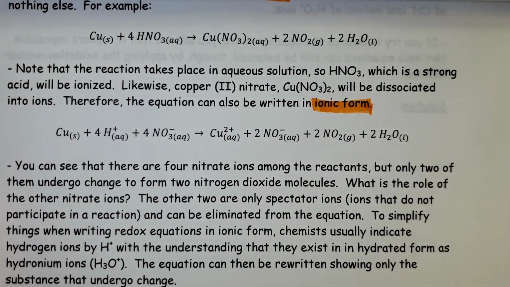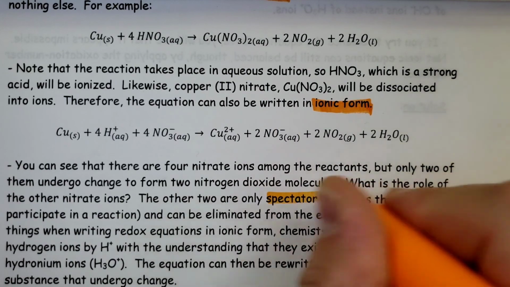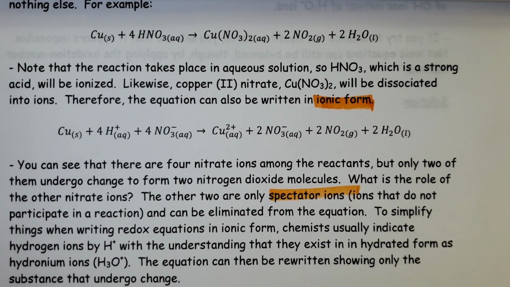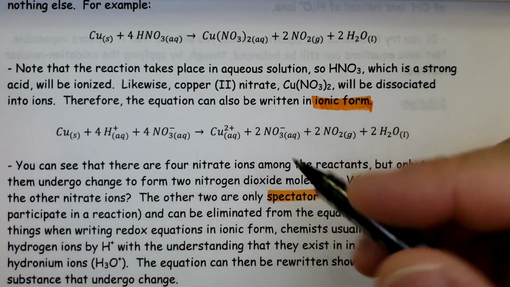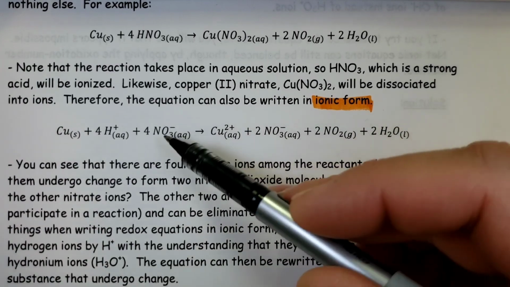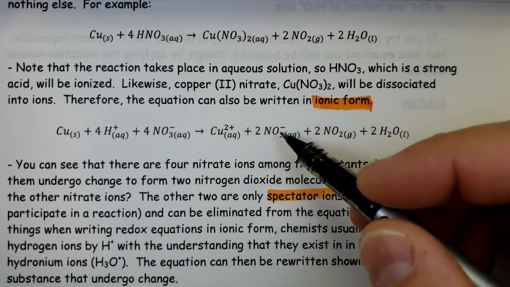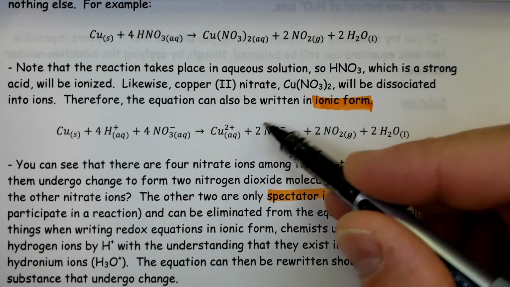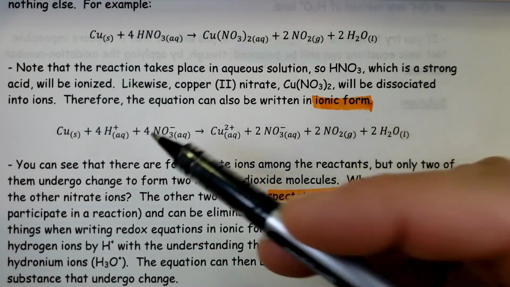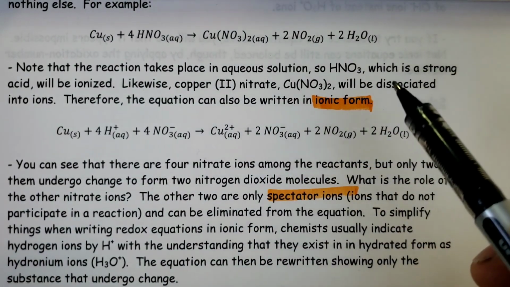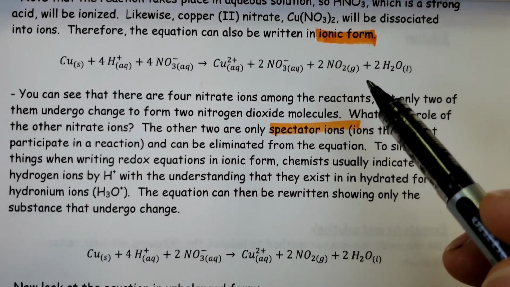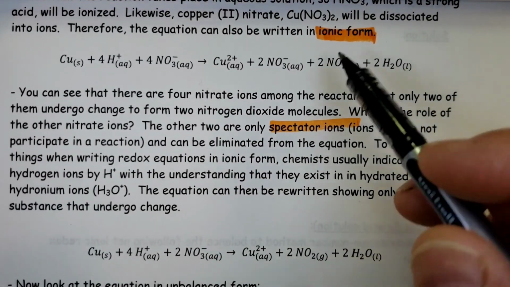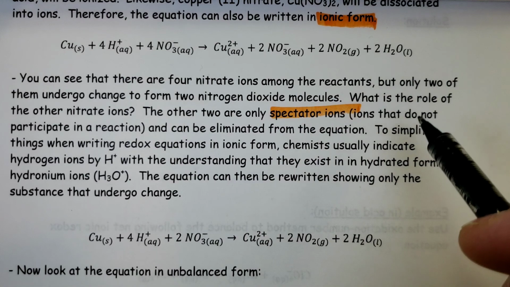The other 2 are called spectator ions. So they're just kind of spectating, not participating in the reaction. They're just sitting there. And we can eliminate those. So 2 of these become unchanged as 2 nitrates over here. So we can get rid of 2 and 2 from here because they're not participating in the reaction involving oxidation, reduction.